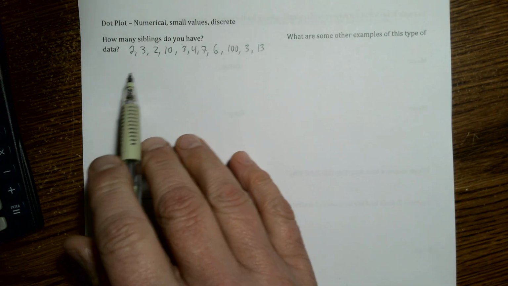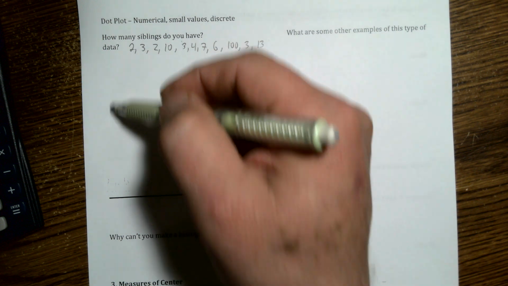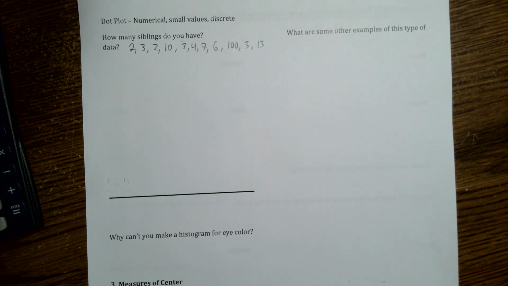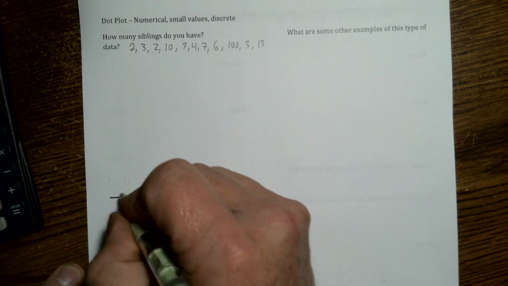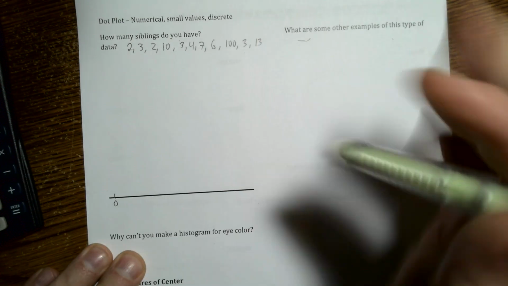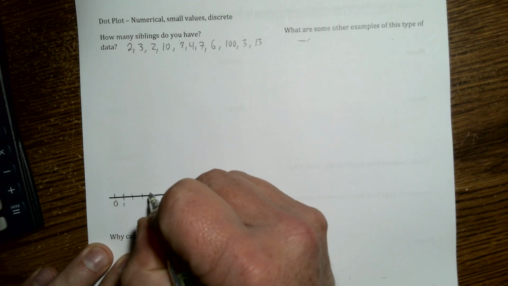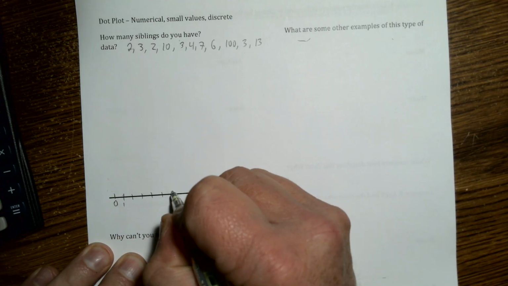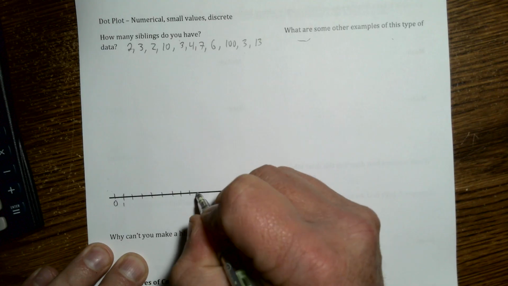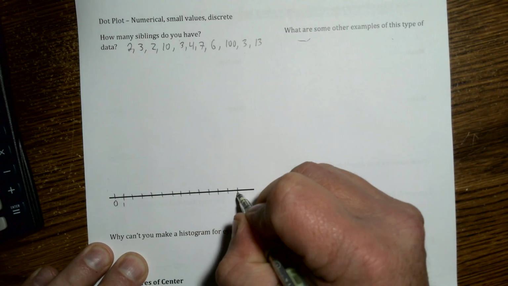We're obviously going to take a look at how many times these occur, and we'll make a graph on a line. Notice there will not be a vertical axis like we did for frequency for the other one. So I'm going to start here at 0, and then just go 1, 2, 3, 4, 5, 6, 7, 8, 9, 10, 11, 12, 13.